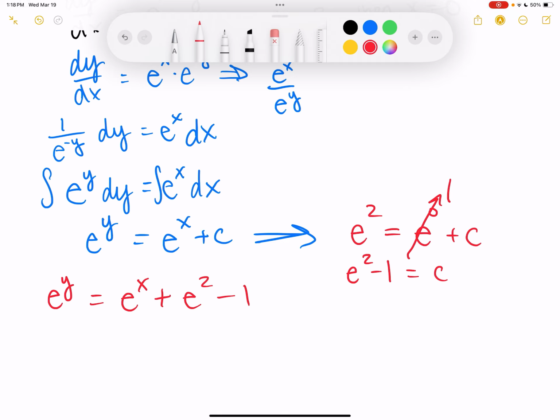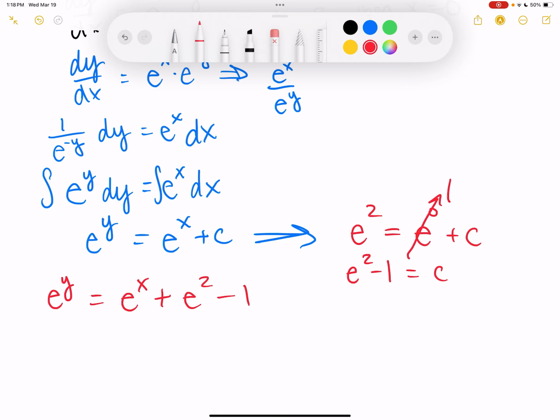Now what? How do I get y by itself? They're all like the same base, sort of. How do you undo an exponential?